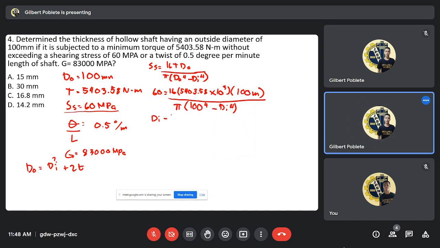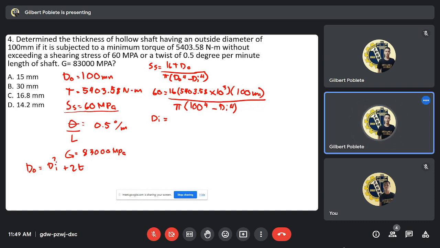Ayan, okay. So, 60 equals to 16 times 5,403.58 times 10 raised to 3 para maging millimeter, times 100 millimeter. Millimeter pala ito.